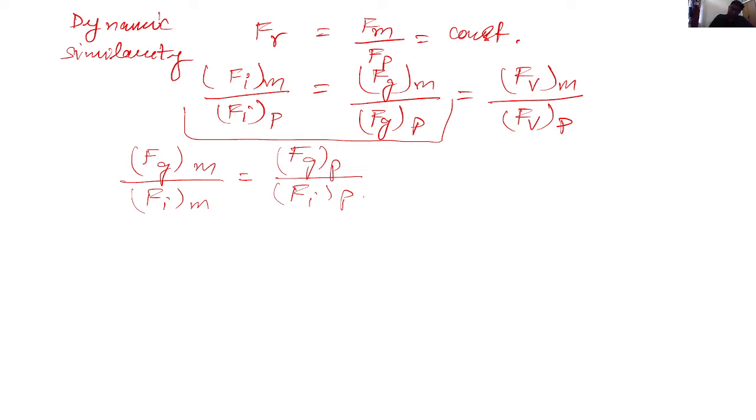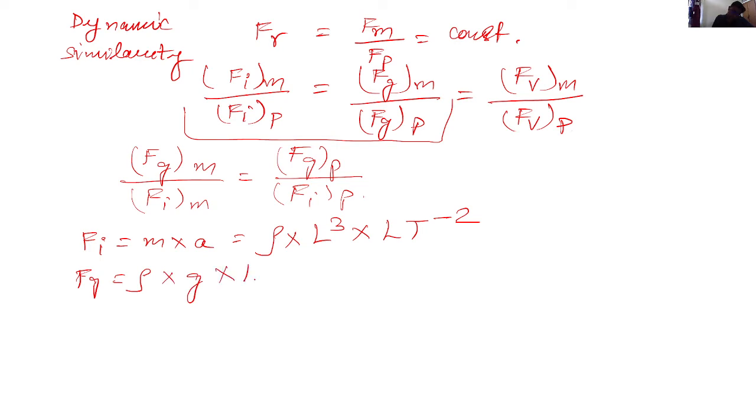The inertial force is nothing but mass times acceleration, from our classes of Newtonian physics. So mass can be represented as density times the volume, and acceleration can be written in the dimensions of L T minus 2. The gravity force is nothing but the specific weight times the volume. Specific weight is the product of the density times the acceleration due to gravity, times L cubed.